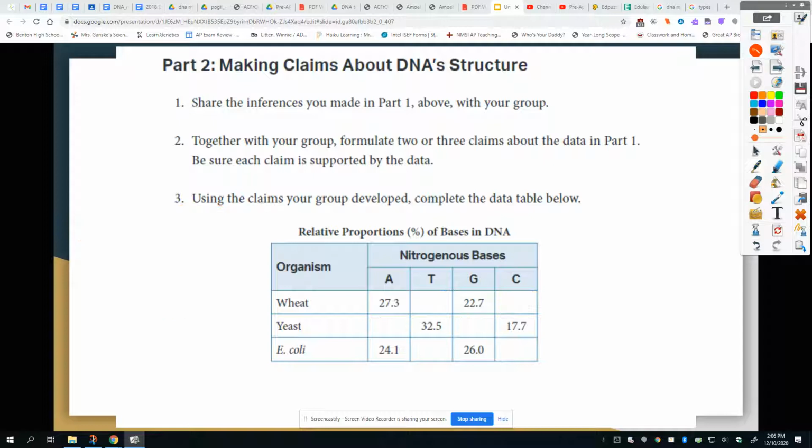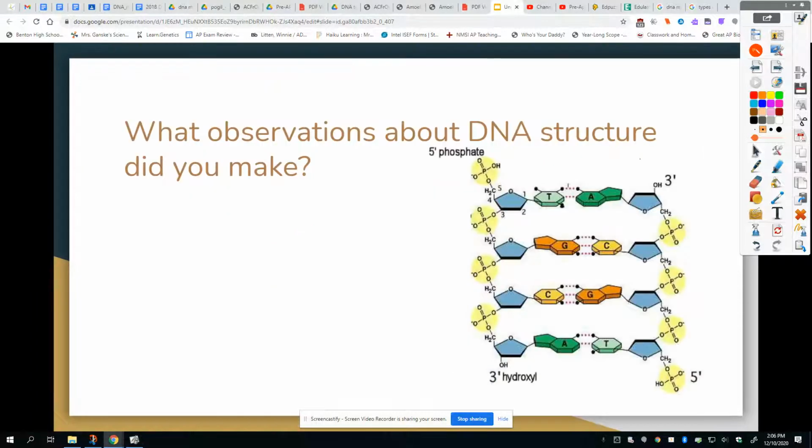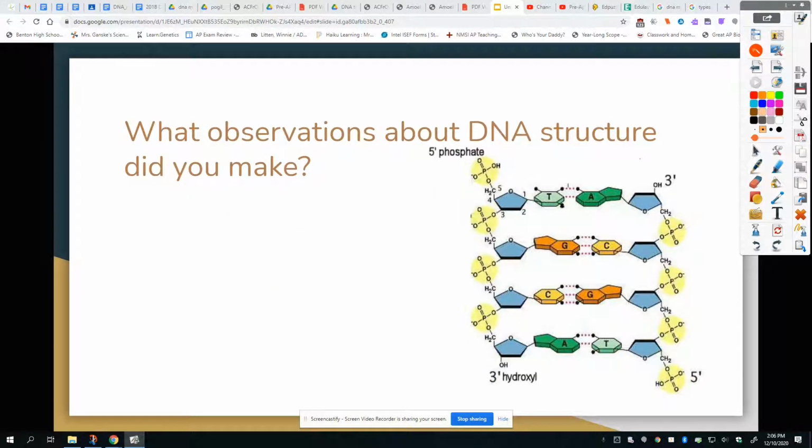There's a few more terms we need to talk about while we're talking about DNA structure. So let's go through and talk about some of those. But first, let's review some things we know about DNA before I give you the last few terms. One, it's double-stranded. The sugar is deoxyribose.